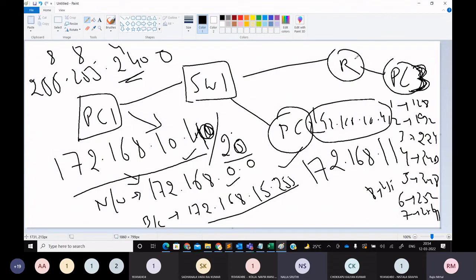Because in between, see, the router is connected, right? So it has to be a different network. Sir, as it is connected via a router, we can give any other network. Another network, exactly. So what should be the other network? You give me any IP.